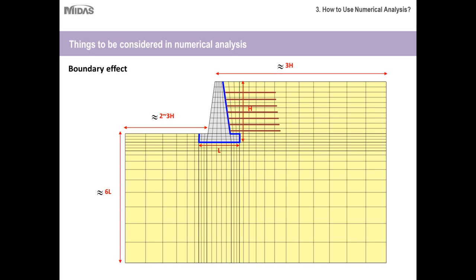Now these thumb rules are determined based on several model files and several field tests. And if you notice here, you'll see the height. If the height of the wall is h, then you would have to consider the extent of soil as 3 times the height of the wall.